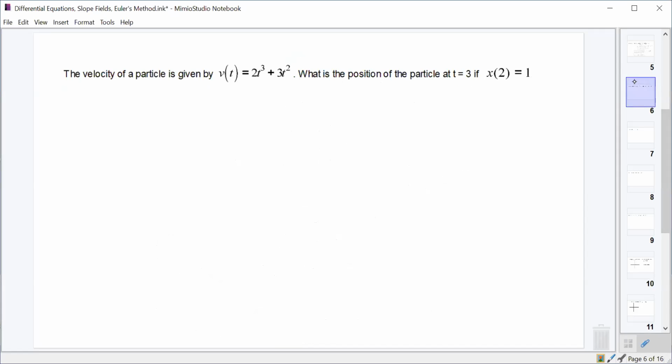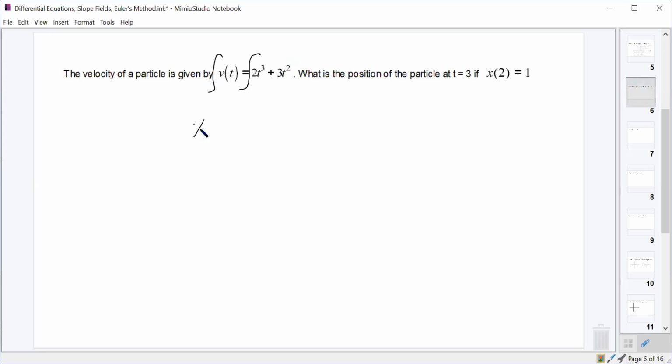All right. We can apply this to basic motion problems to figure out the, let's say, the position of a particle, given a velocity function, and some other information about the position. So if we want to find the position function, we just need to integrate the velocity function, right?